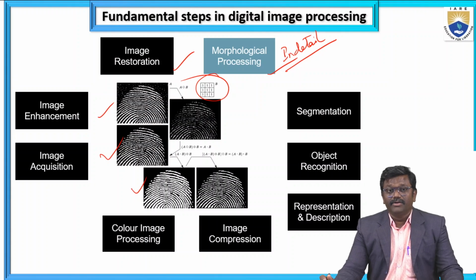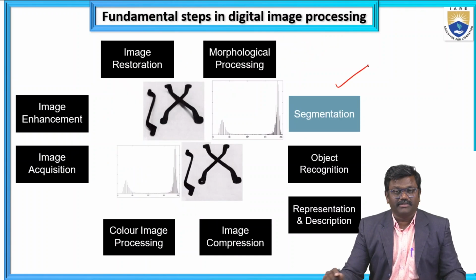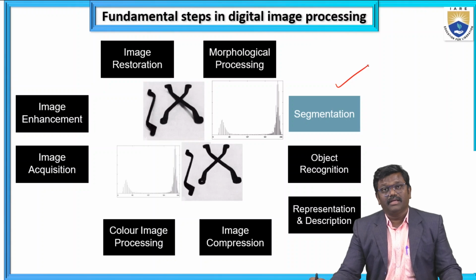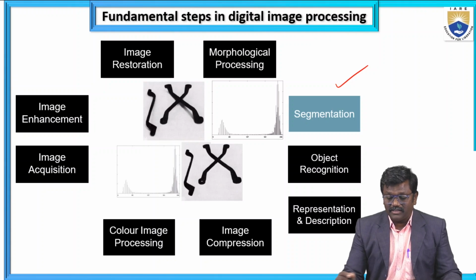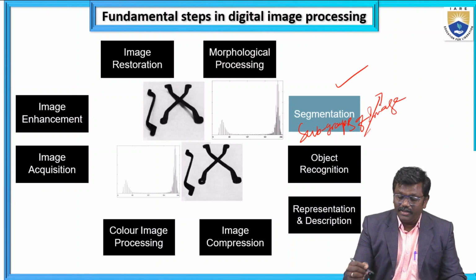It is here to connect one block to another block in terms of your requirement process. Another one is segmentation. When you consider the steps involved in digital image processing, one is segmentation. Segmentation is nothing but subgroups of an image.